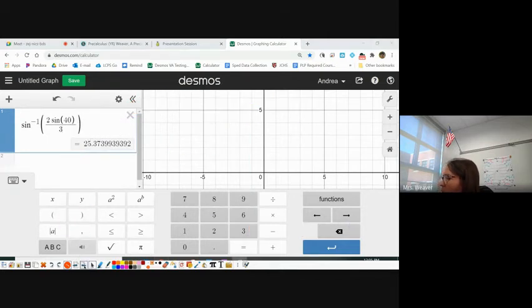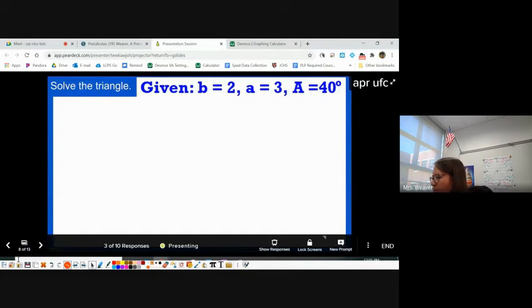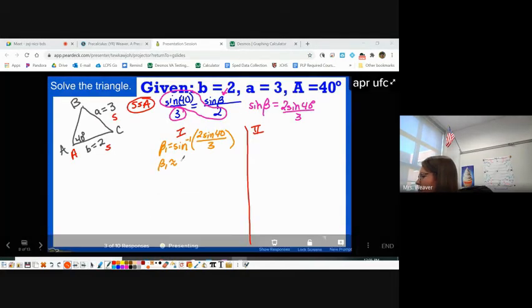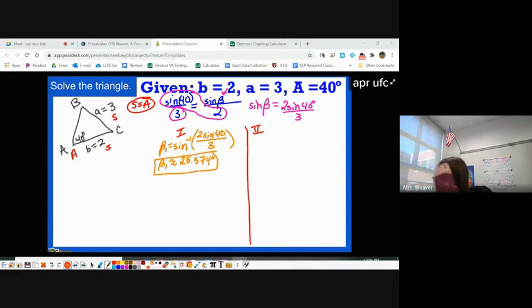Okay, and you want to take a look at that and make sure it looks right. That's why we like to write on paper what we're going to put in our calculator so we know what it should look like. Sine inverse of 2 sine 40 divided by 3. I get 25.374 degrees for my first angle. So now we know that beta is about 25.374.